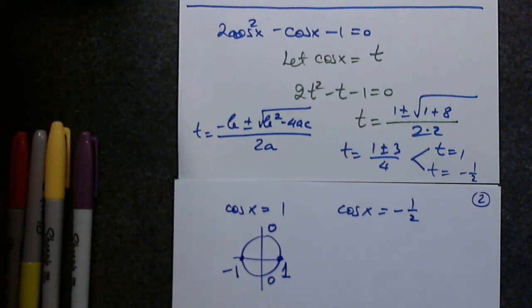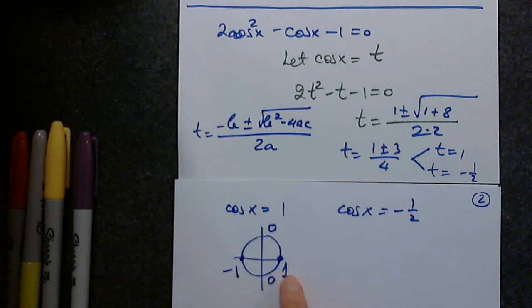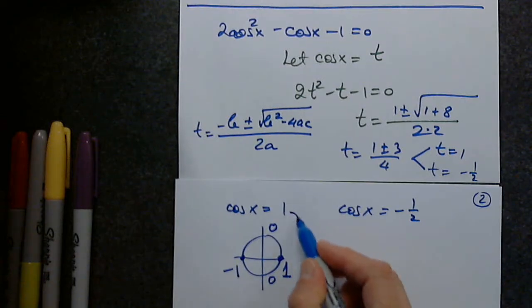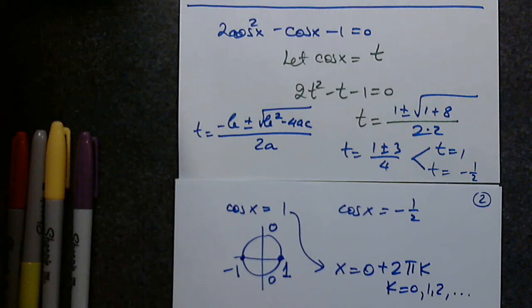So 1, -1, 0, 0 for cosine. So then there is only one option, which is 0 plus 2 pi k. So the option from here for here is 0 plus 2 pi k, where k is 0, 1, 2, and so on. And you don't have to put the 0 in front, of course.